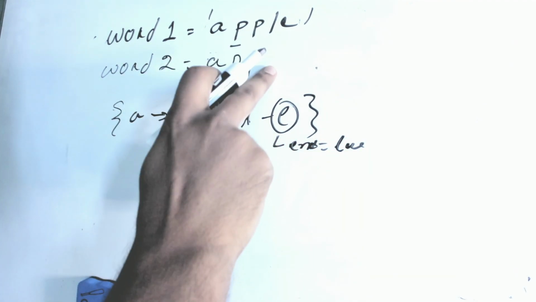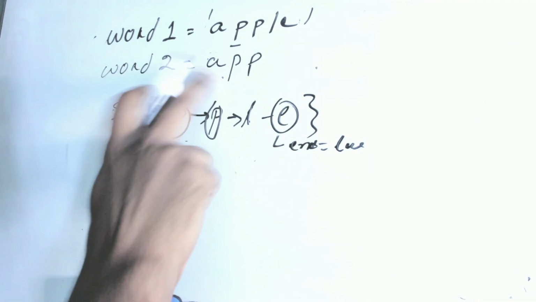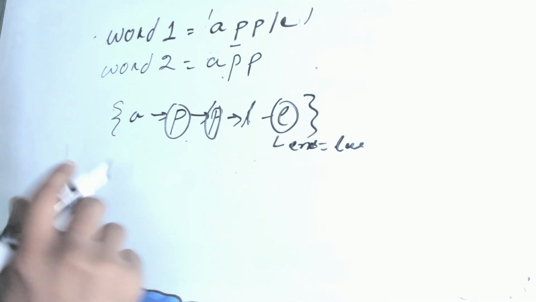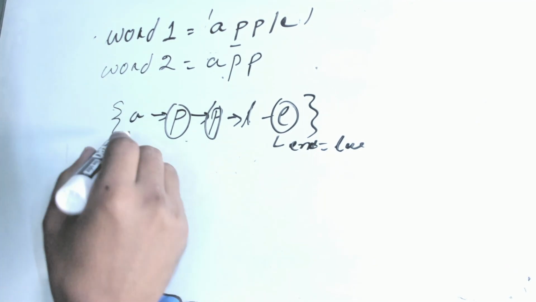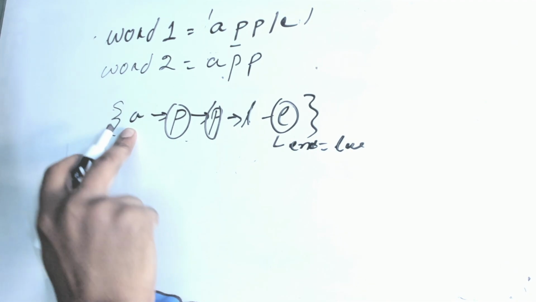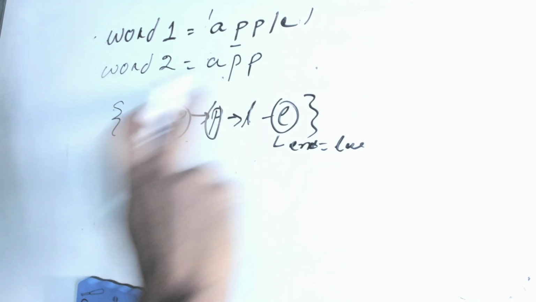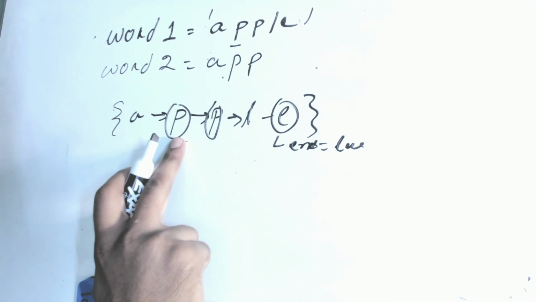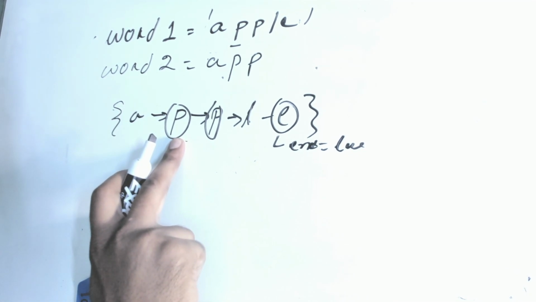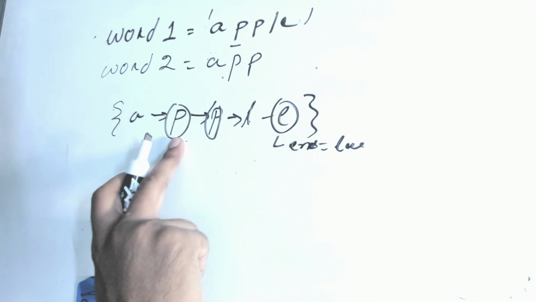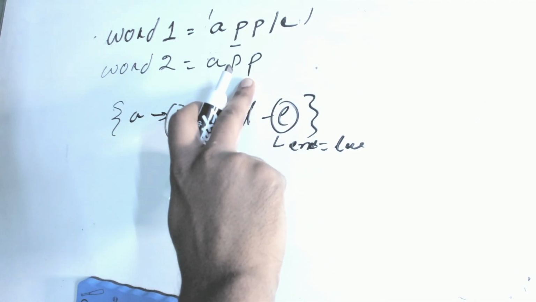Now when we process app, we're going to take A. We see A already exists, so we don't have to create any space. We're just going to skip it. Then P, A to P already exists, so we don't have to create one. Then let's go to the next character.